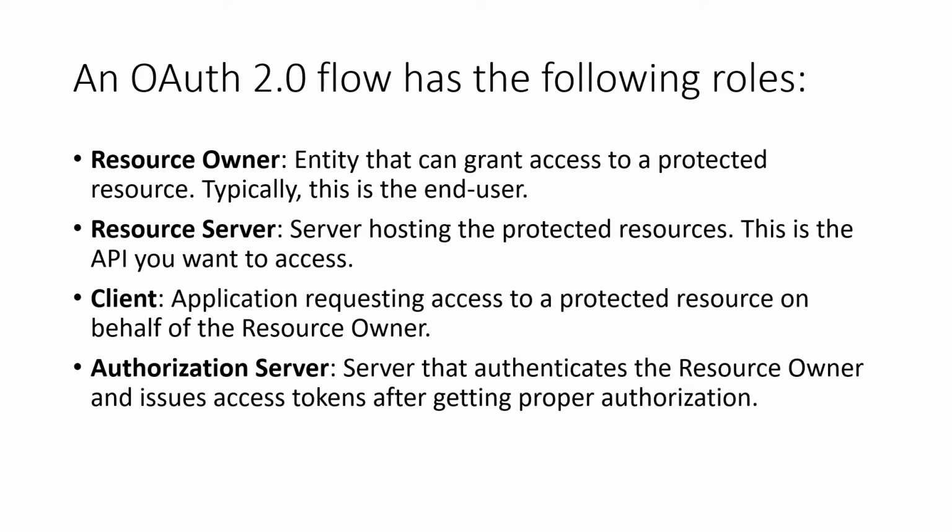This is the API you want to access. The client requests access to the protected resource on behalf of the resource owner. Then the authorization server authenticates the resource owner and issues tokens after getting proper authorization. So these are the basic four roles used in OAuth 2.